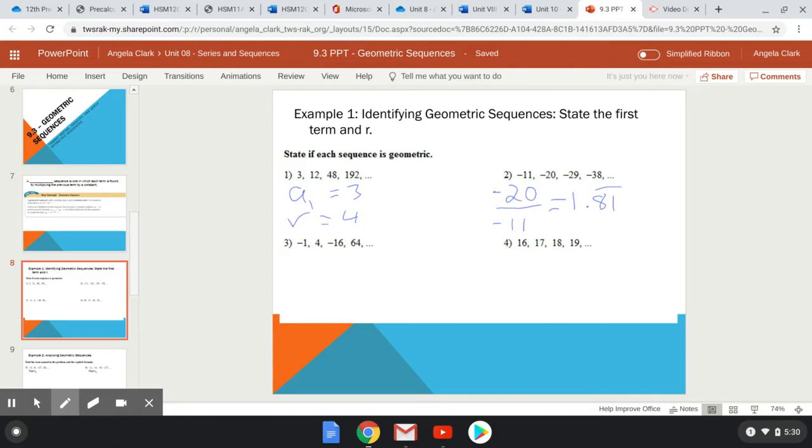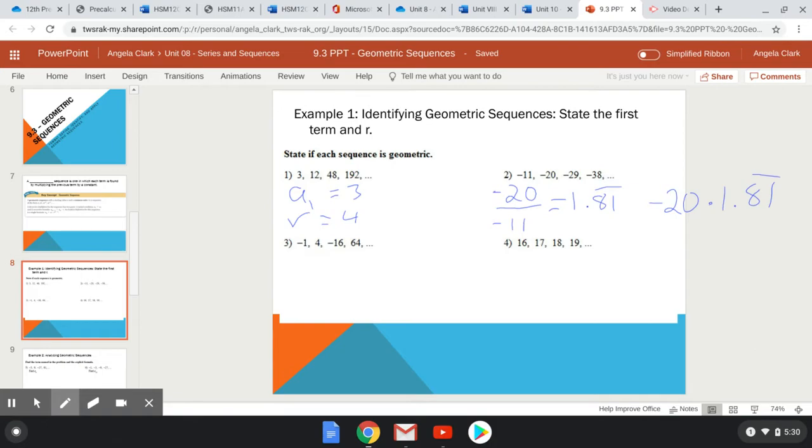Then to check to see if this sequence is geometric, I need to multiply negative 20 by that ratio, by 1.81 repeating, and see if I get negative 29, which is the next number in my sequence. So I'm doing negative 20 times 1.81, that ratio that I just found.